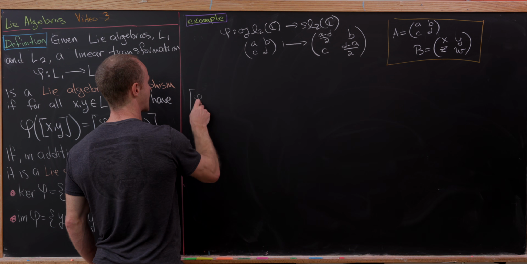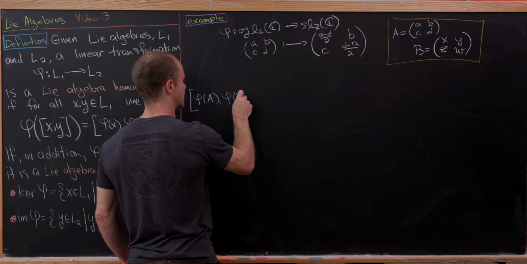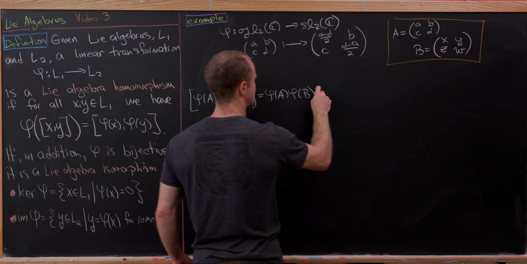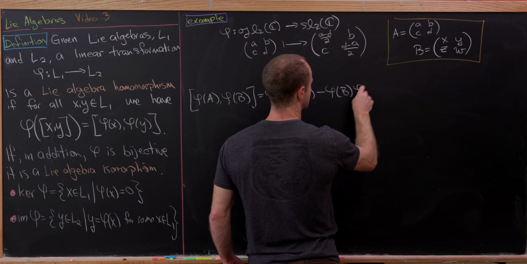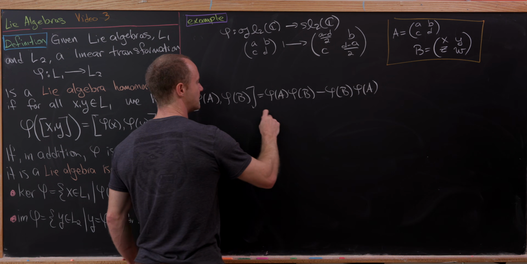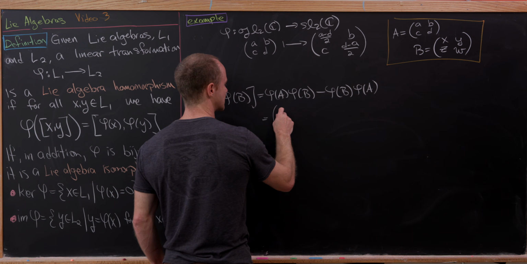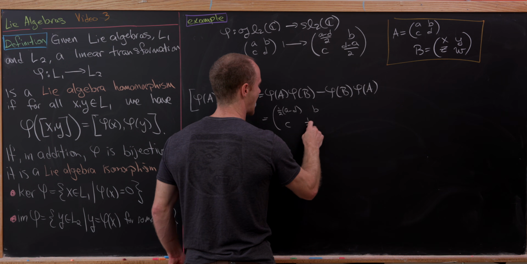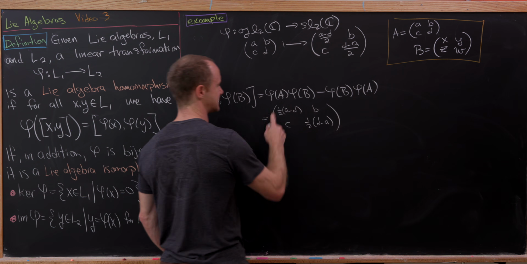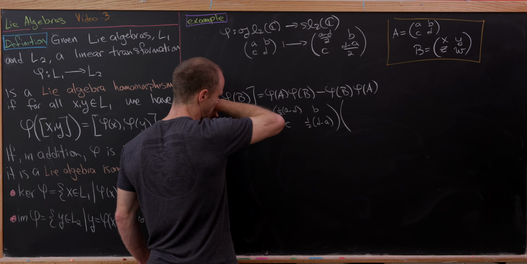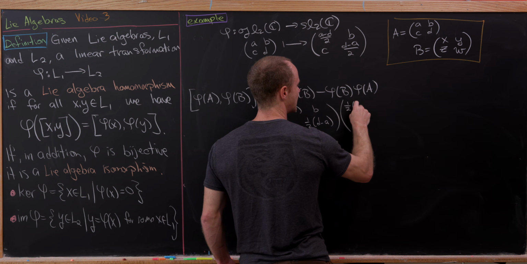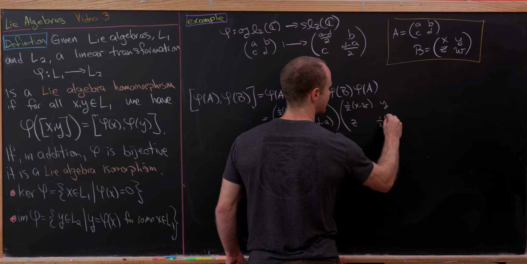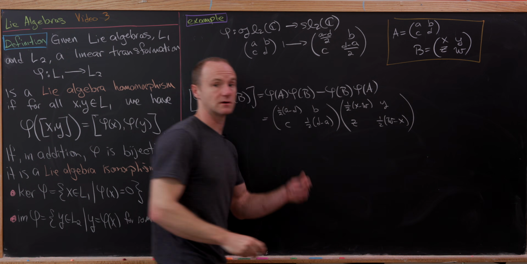So if we look at bracket phi of A with phi of B, so that's going to be phi of A times phi of B minus phi of B times phi of A. But in turn, that's going to be equal to a half A minus D, B, C, and then a half D minus A. So that's this phi of A. And then phi of B will be 1/2 X minus W, and then Y, Z, and then a half W minus X. Okay, good.